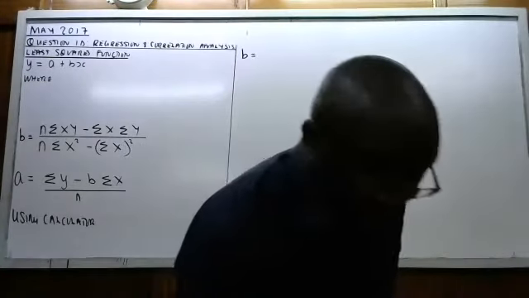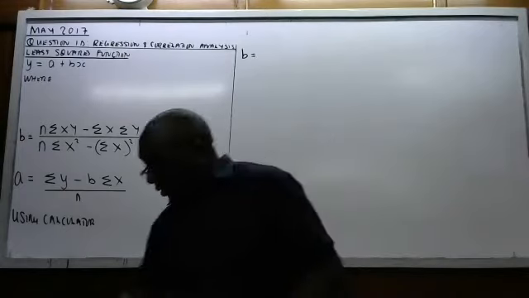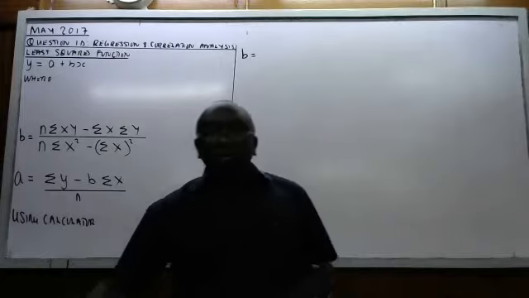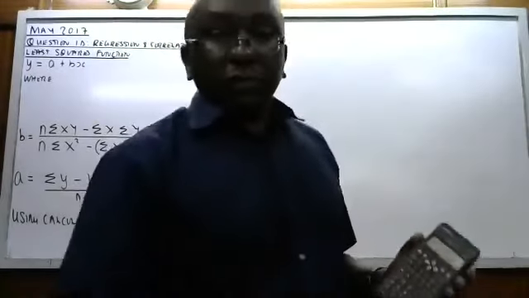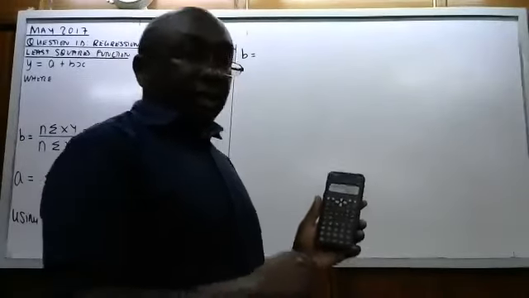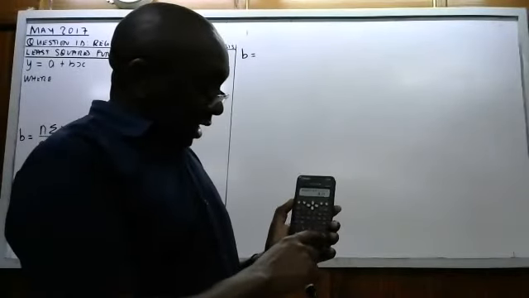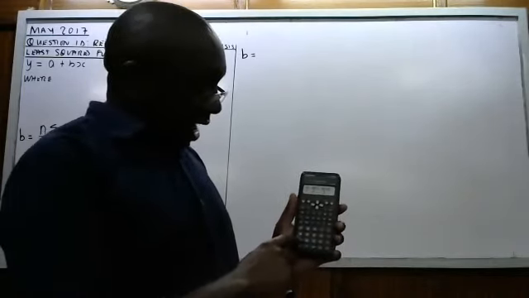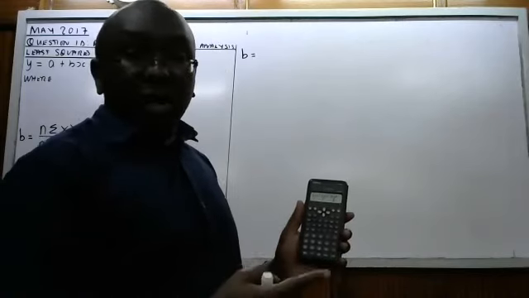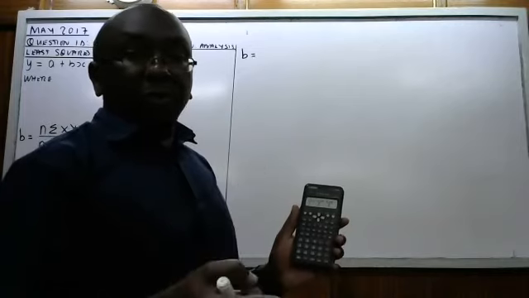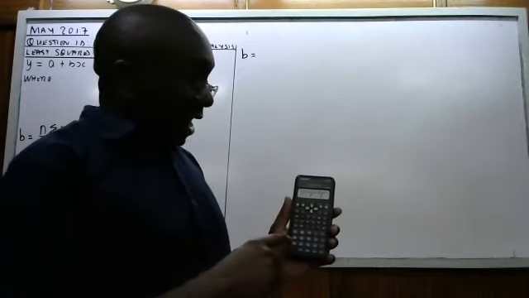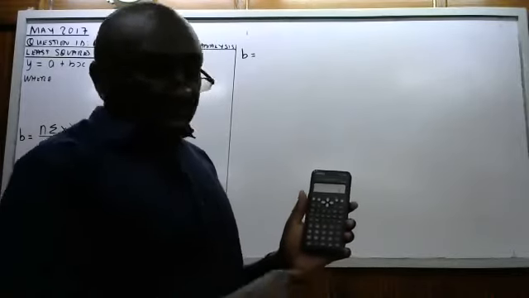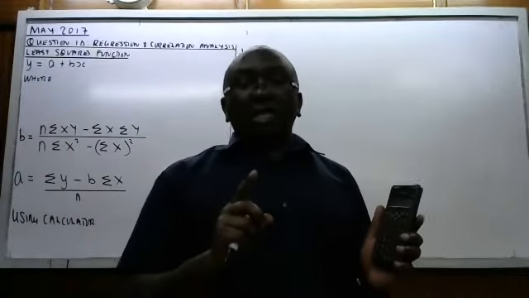In case you have forgotten, you press mode until you see regression. You press the number below the regression, depending on your calculator. Some calculators go for number 2, others number 1. Then you press linear, which is number 1. Then we start entering the values.